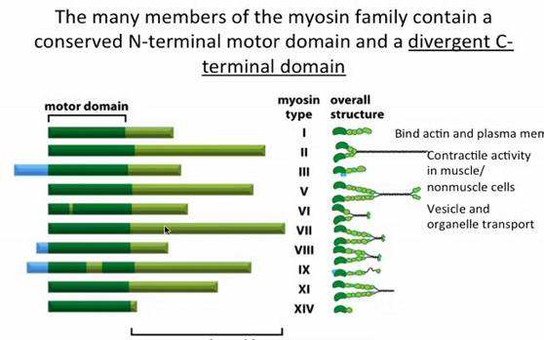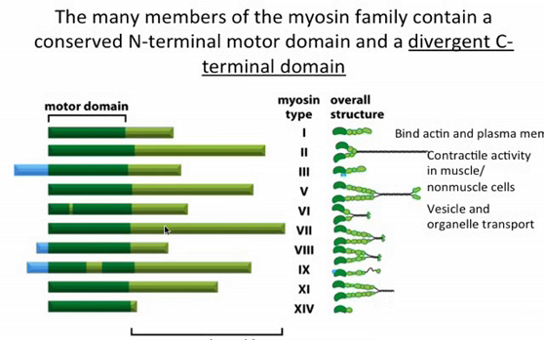But the C-terminus is completely different, as you can see here. And so that has something to do with their function, right? Because they're all going to walk along actin, so they should have a conserved motor domain because they have to all bind to actin. But the C-terminus is what determines the cargo.